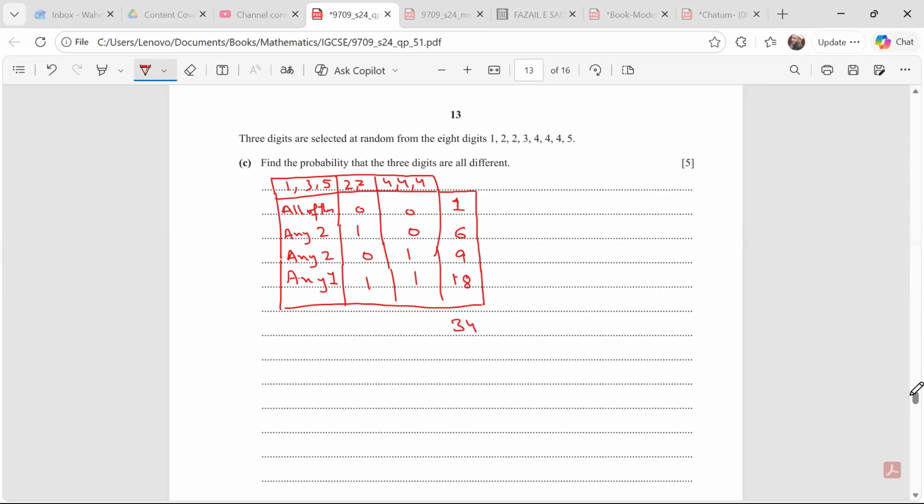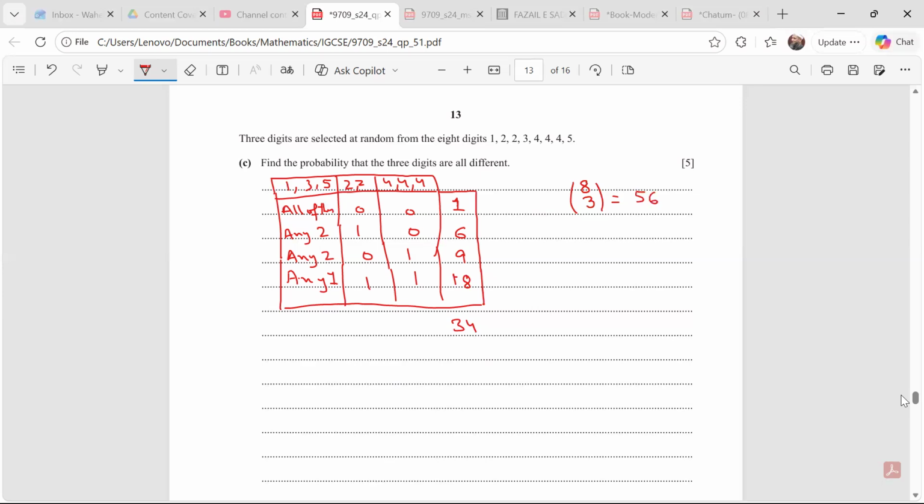Now, how many different ways can I choose three numbers out of these eight? This is going to be 8 combination 3, and that comes out to be, let me calculate, 8 combination 3, it is 56.